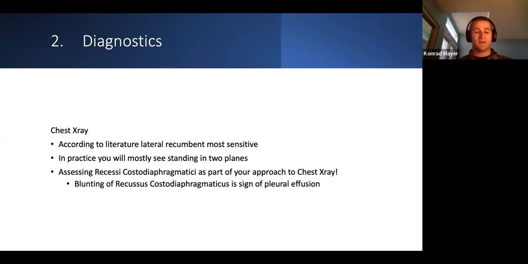So first we had the personal history, then we had the physical exam findings, and now we have great suspicion for a pleural effusion. And sometimes the next step is to do a chest x-ray or an ultrasound.